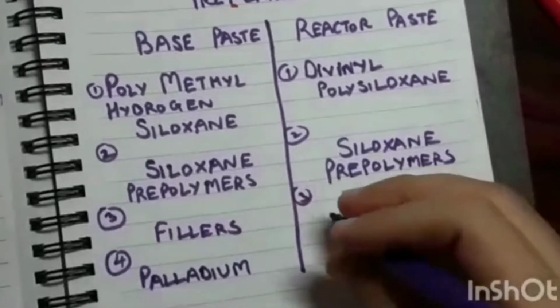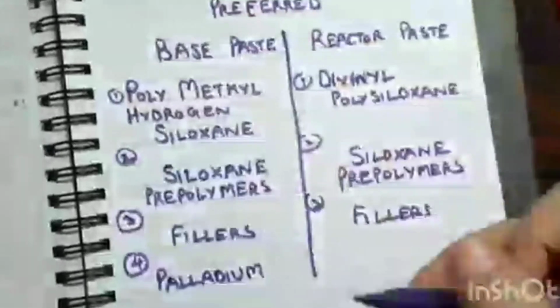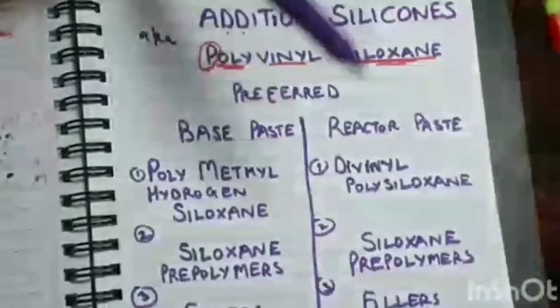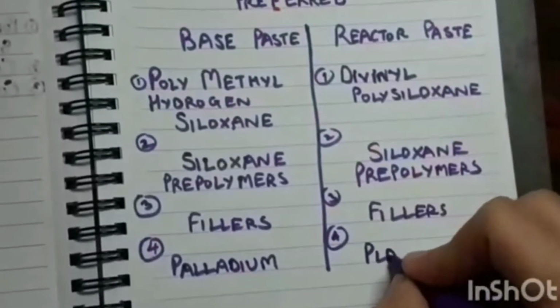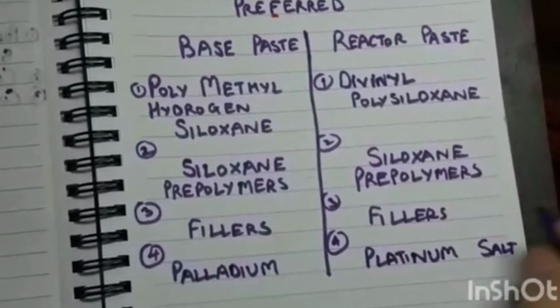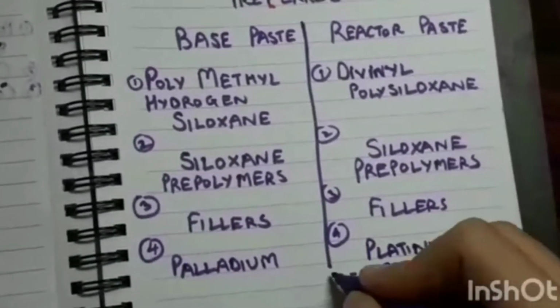Hydrogen gas is released if the reaction is unbalanced. Now the fourth component in reactor paste, again adding the letter P, we get platinum salt, which is a catalyst, that is chloroplatinic acid.